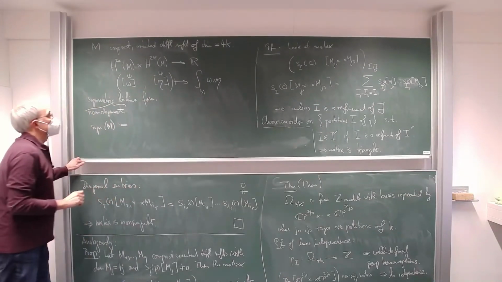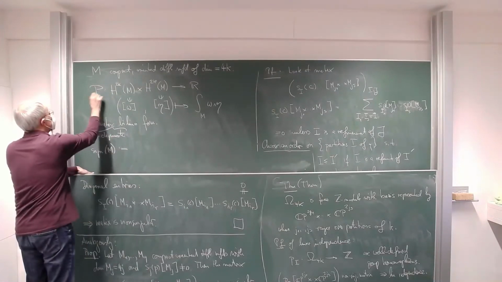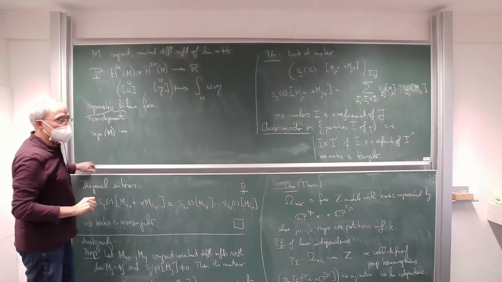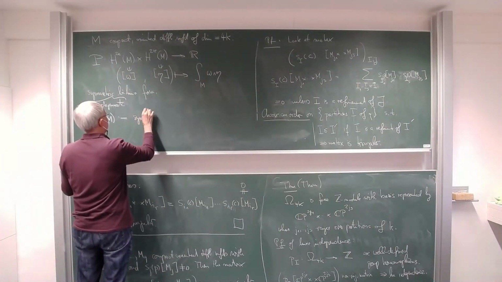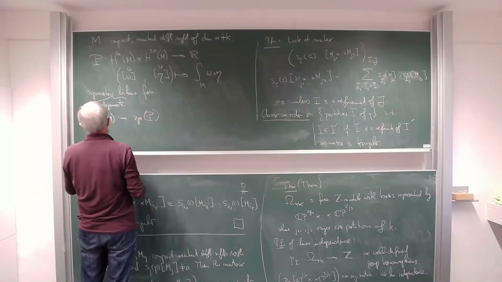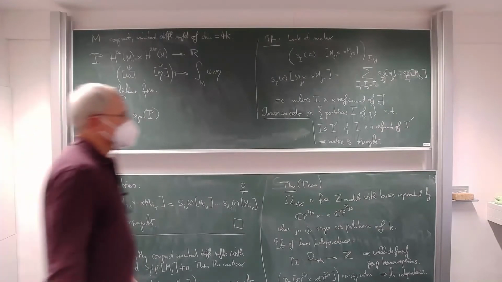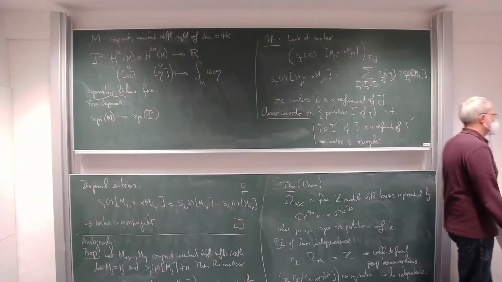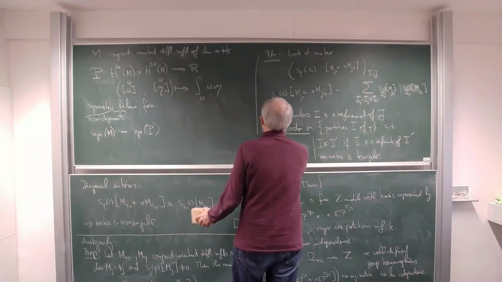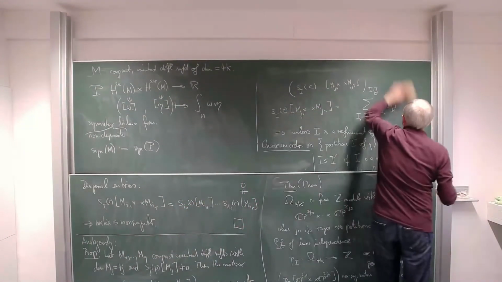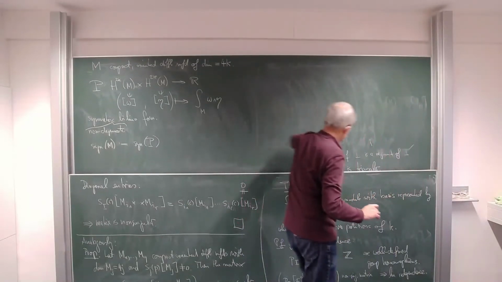Maybe I call this the Poincaré form, capital P, the bilinear form. So that's the signature of the manifold. So that's an important topological invariant for compact manifolds of dimension divisible by 4. And let's recall Hirzebruch's signature theorem.